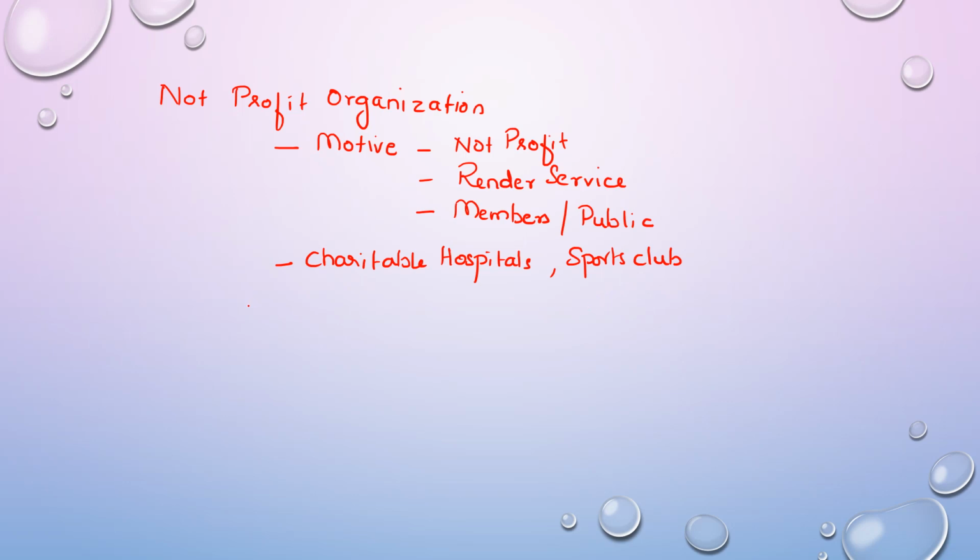Now, for these not-for-profit organizations, the financial statements that they prepare are a little different from those which seek profit. So the financial statements prepared by the not-for-profit organization include first, the receipts and payments account, which we'll be learning in detail in today's session.